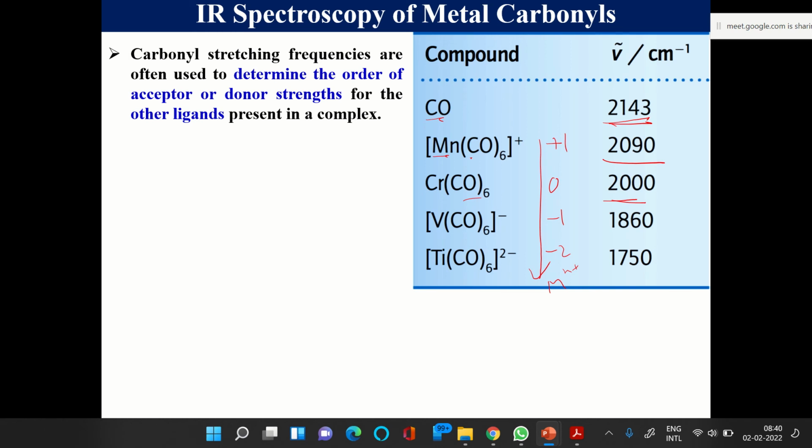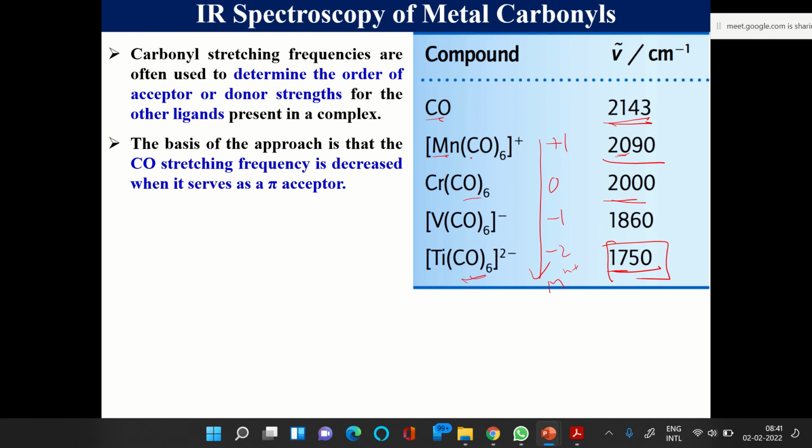That means a large amount of electron density in the metal will be pushed to the empty pi star orbital. So a large amount of electron density is shifted in this case, and you get the weakest bond among these, and so the smallest frequency. Whereas in the other case the back bonding is there, but not to that extent, as in the case of Mn.